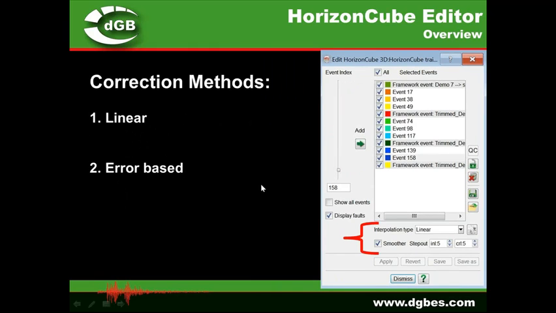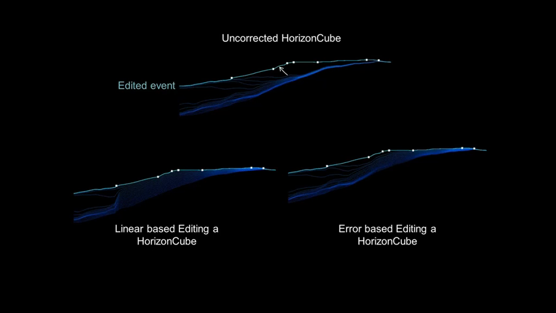There are two types of corrections that we support at present. One is linear, the other is error-based. You can change the interpolation type from here. What would the result look like if you choose, for example, linear and compare it with the error-based? In this slide, what you see here, I have edited an uppermost blue event and I moved it up.